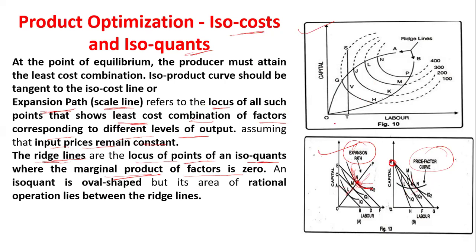You can see the isoquant curve is oval shaped because of these two ridge lines. The area of rational operation lies between the ridge lines, in this area. Clear?